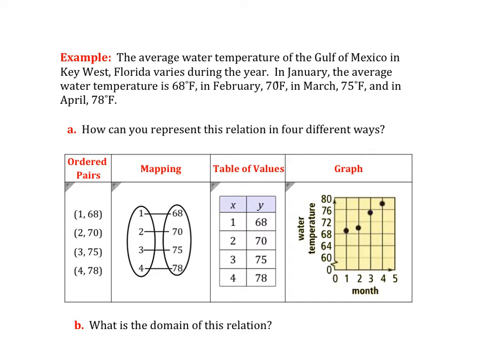You'll notice here we have the ordered pairs, the mapping, the tables, and our domain values are going to be 1, 2, 3, 4 to represent January, February, March, April. So just the months, right? And then the range values, no matter how we represent it, are going to represent the actual temperatures because the months determine the temperature.